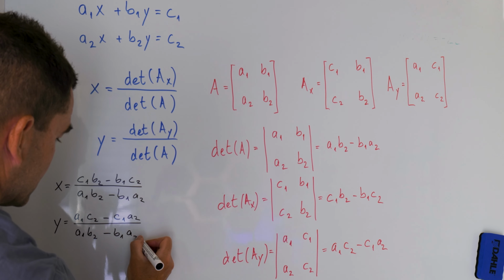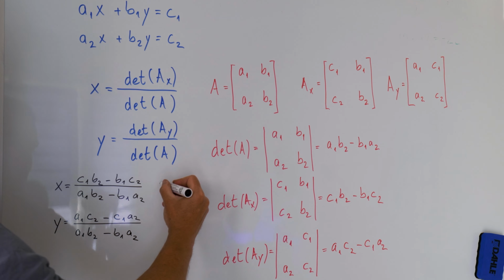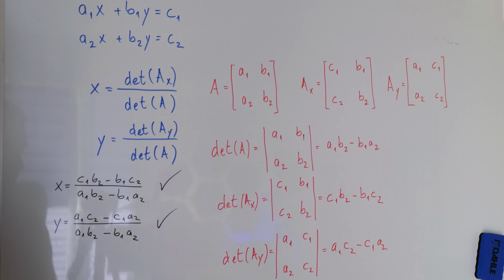And to calculate x and y, we just divide these by determinant A. Note that if the determinant of A is 0, then the system of equations has no solution.